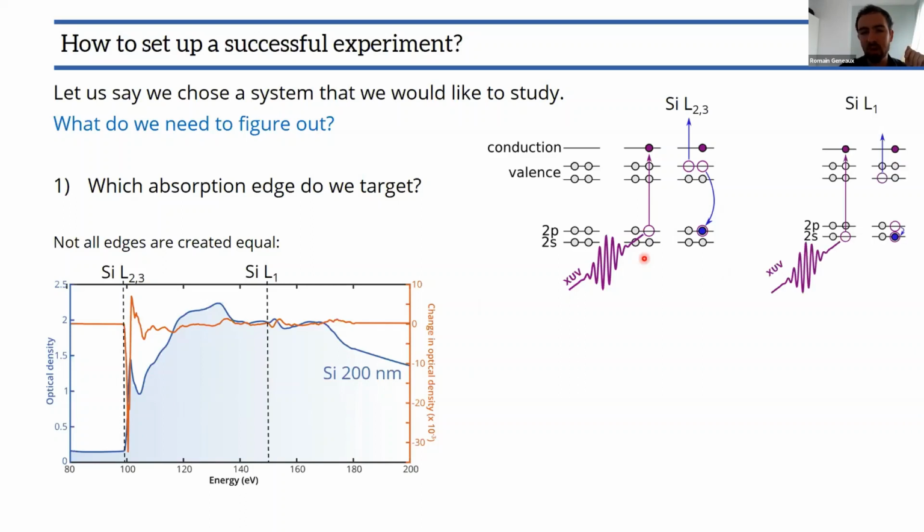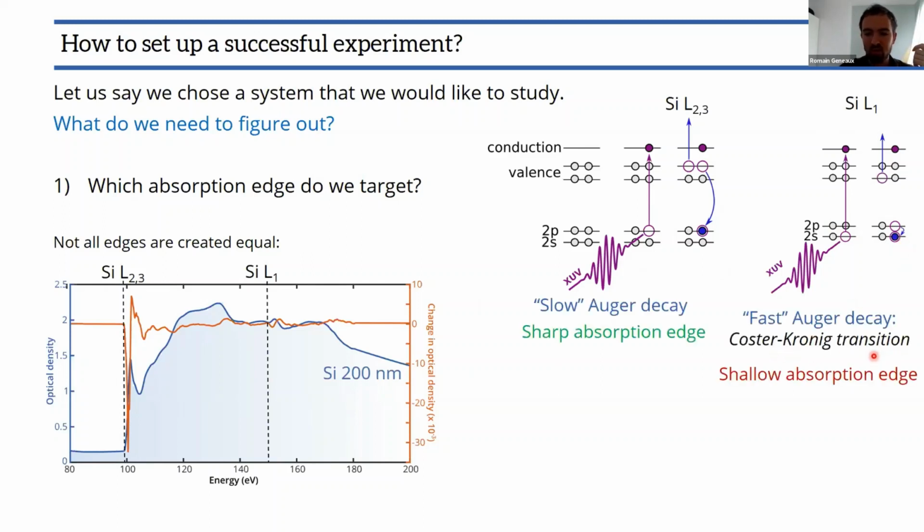Now, if you plot the same thing for the L1 edge, you create a hole in the 2s shell. The electron from the 2p region is just right there, and it can fill the hole. Since for the 2p to 2s transition you have very good radial overlap between the two wave functions, this recombination is extremely efficient. It's super fast. It's called a Coster-Kronig transition.